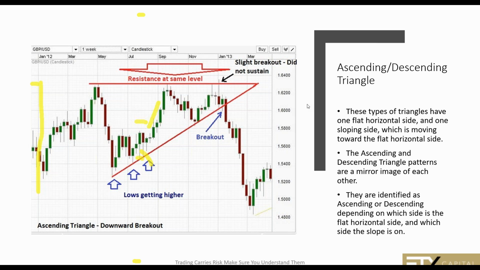They are identified as ascending or descending depending on which side is the flat horizontal side and which has the slope on it. But like I said, I don't pay any attention to the name of them because the rules apply the same: ascending, descending, and symmetrical.